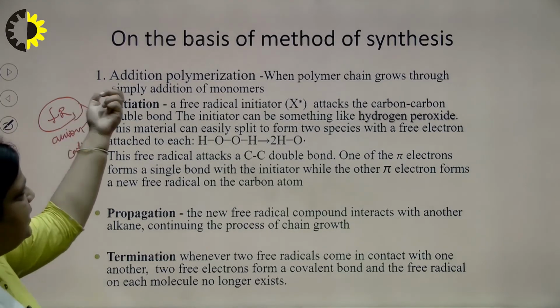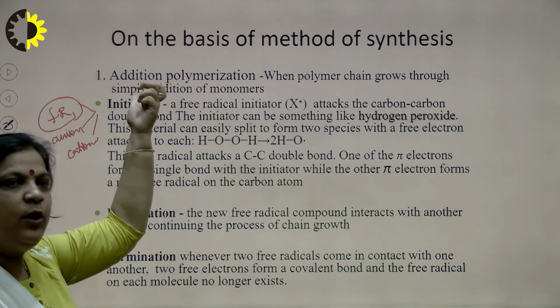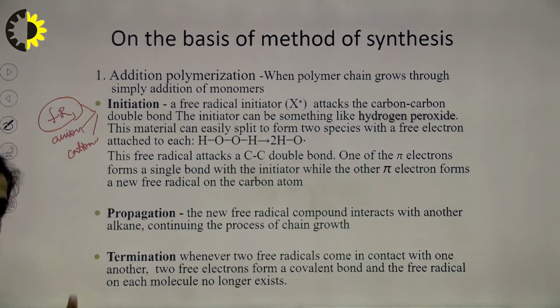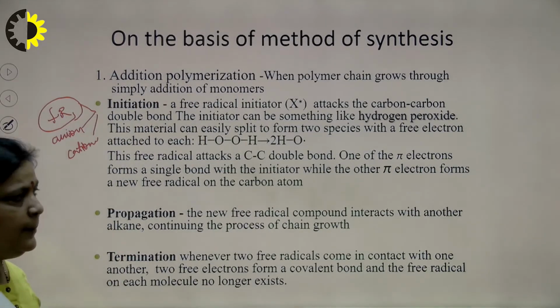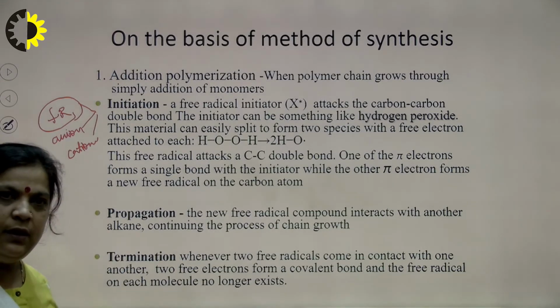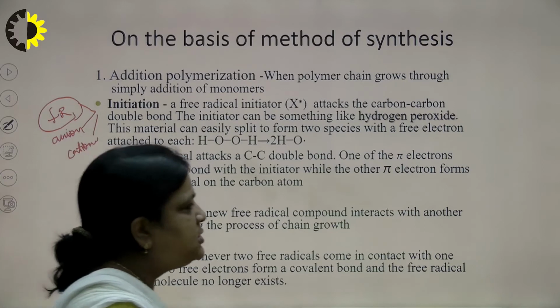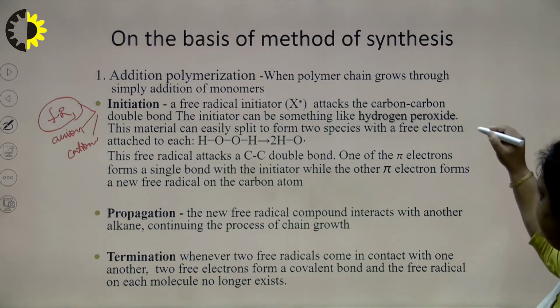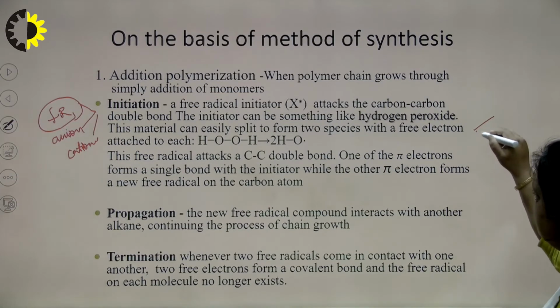So, to initiate this addition polymerization, an initiator is required, and there are well defined steps. Since it is basically the formation of a chain, the steps are similar to those of a chain reaction, and in a chain reaction there are 3 steps.